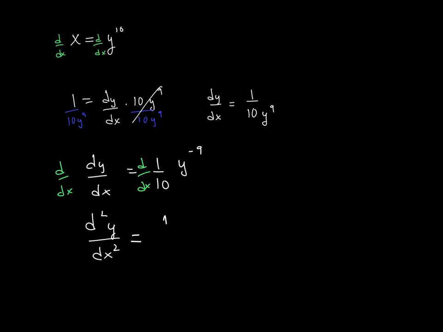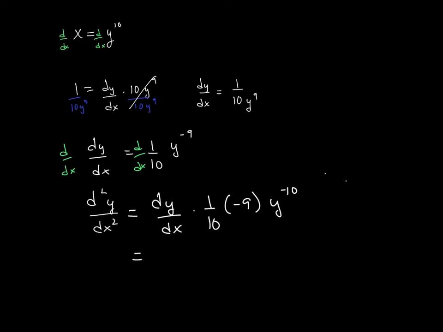Again, because I am taking the derivative of y with respect to x, I need to write that down. The 1/10 comes along. I use the power rule on y to the negative 9th, so that becomes negative 9 times y to the negative 10.